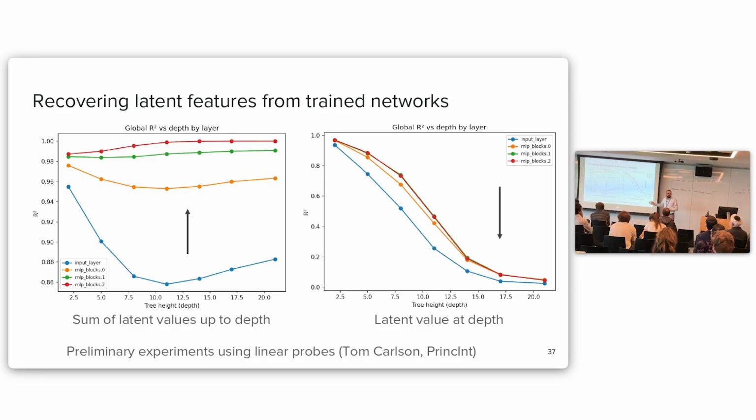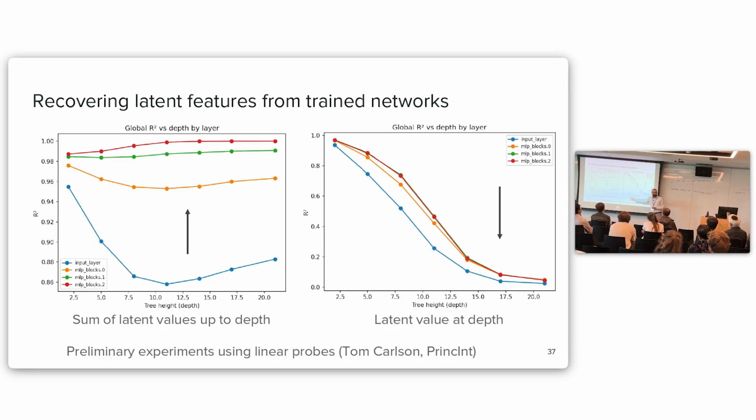So this is a preliminary result of recovering latent features from a neural network trained on a percolation data set. This is actually trained on an older version of the data set, so it's a little out of date. These are experiments done by my colleague Tom Carlson in the data models group at Princeton, who unfortunately couldn't make it.